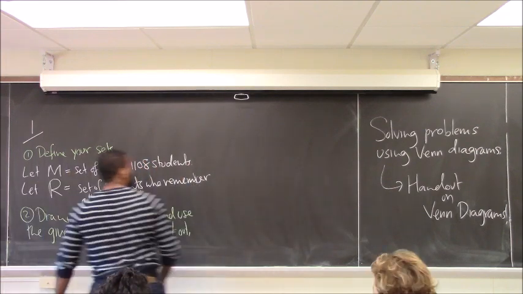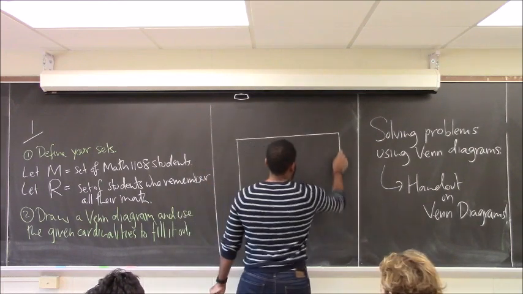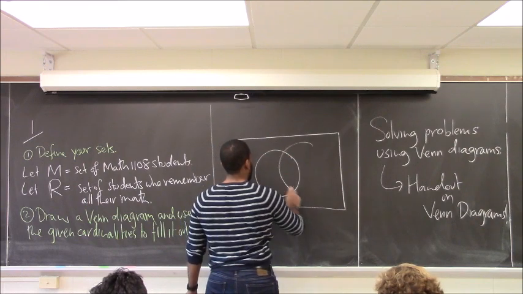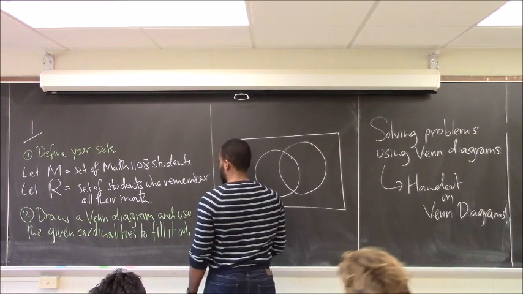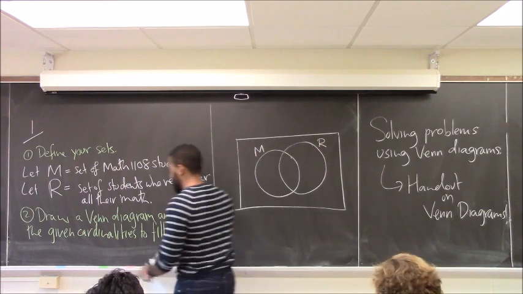Again, remember the most general Venn diagram will have overlapping circles. So let this be the M set, let that be the R set.